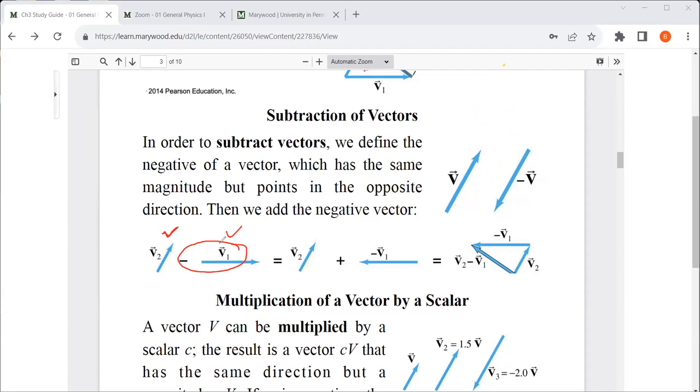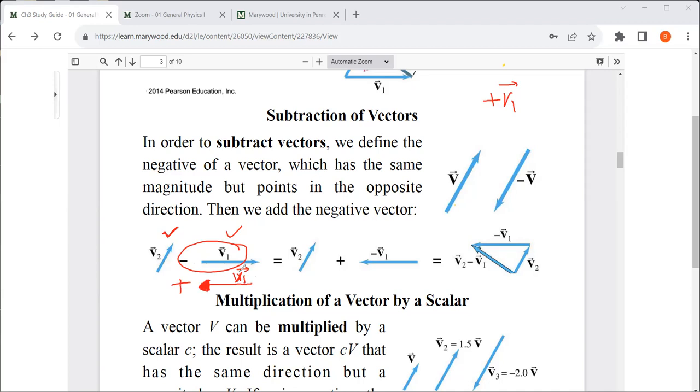If I want positive v1, what I have to do is reverse it, so the length of the vector should be equal, but the direction now will be opposite. This is v1, and this is positive v1.